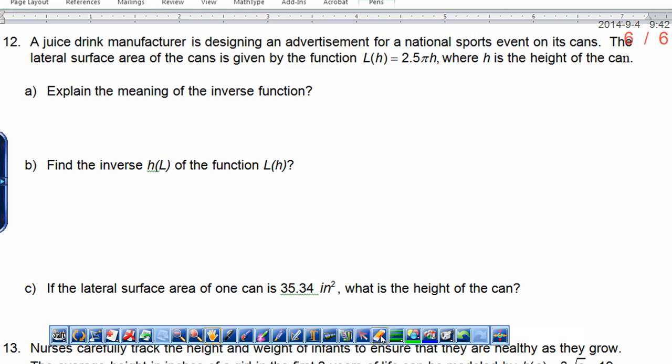So the inverse then means we basically switch the independent and the dependent variable, because that's really what an inverse is. It switches independent and dependent. So instead of the lateral area depending on the height, what are we going to have? Good. We're going to have the height depending on the lateral area.